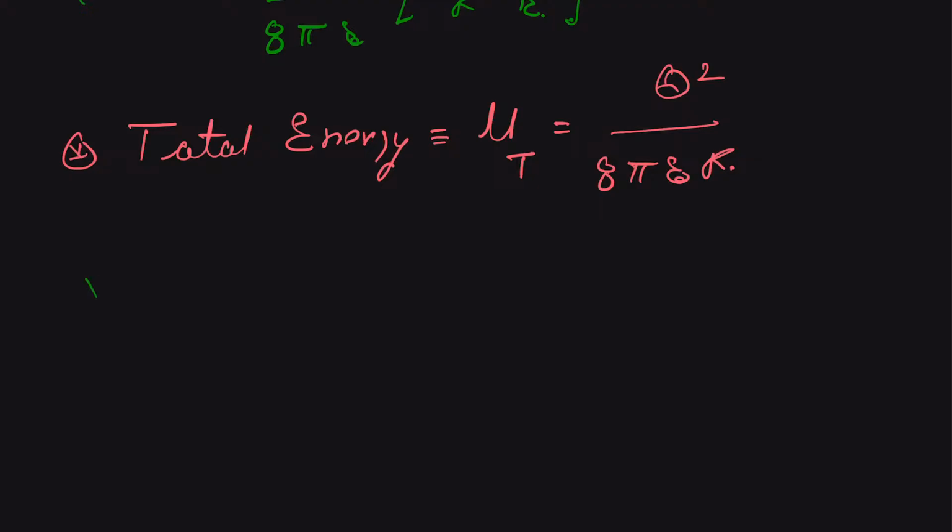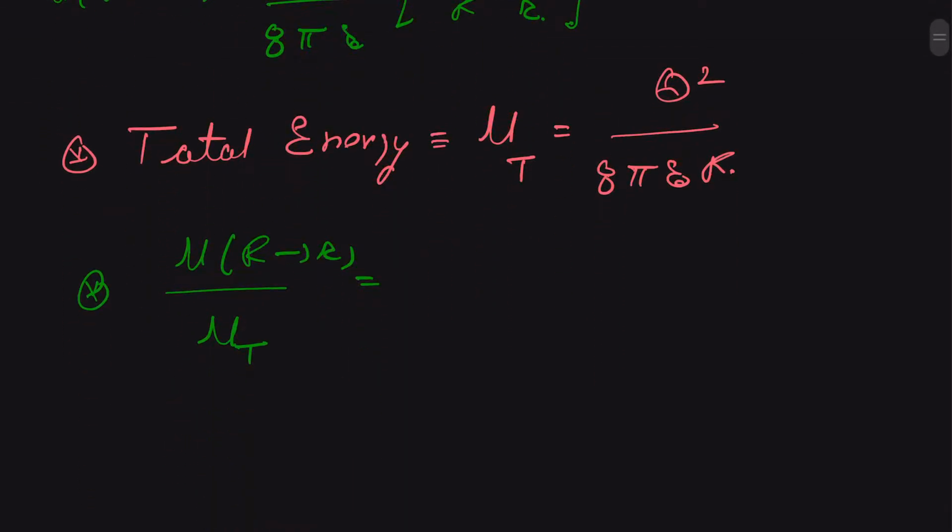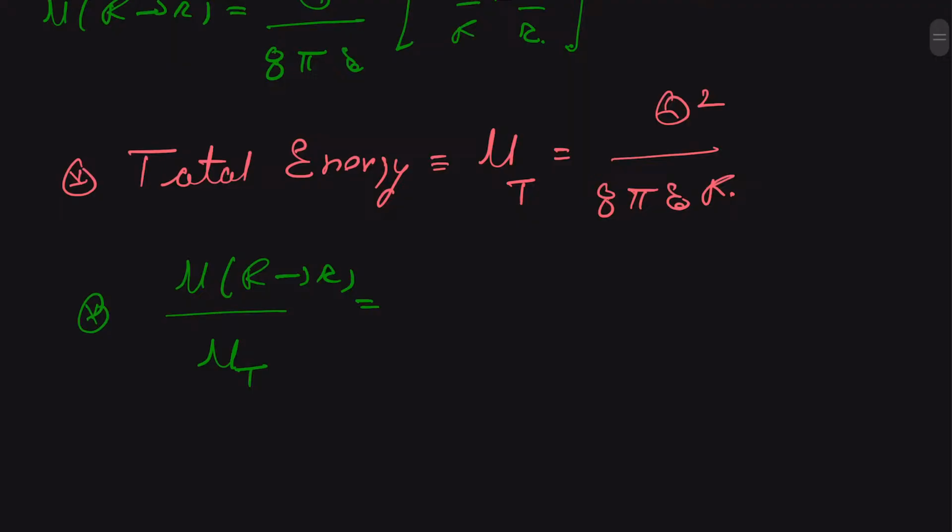Okay. So we can say that our energy between R and capital R, and our total energy, that ratio will be equal to 1 minus R upon small r, and this ratio is nothing but our 90%.